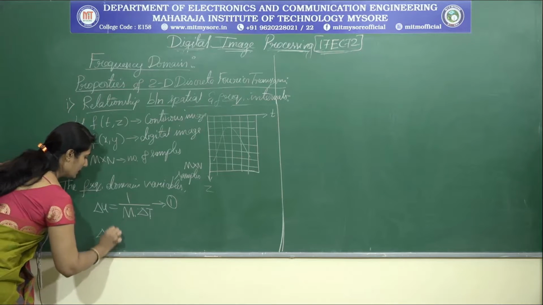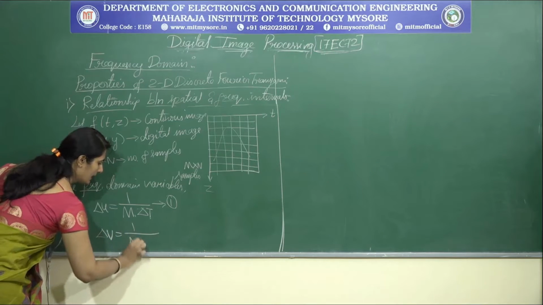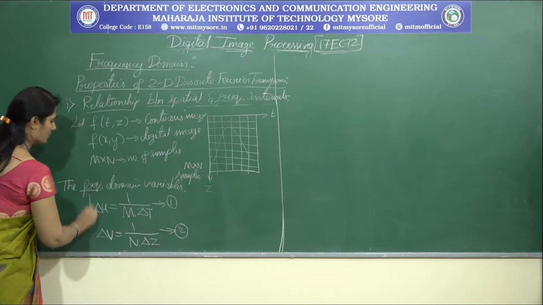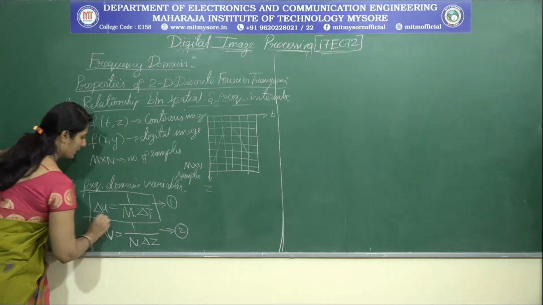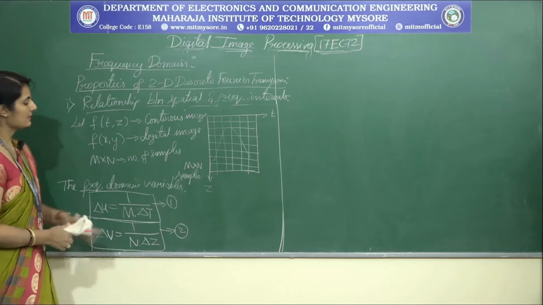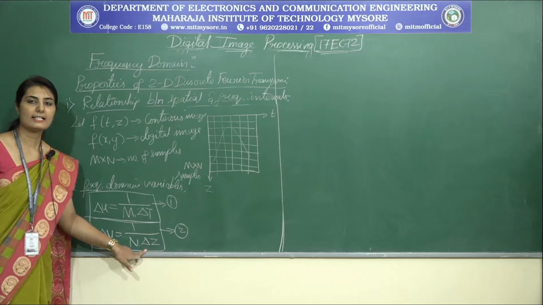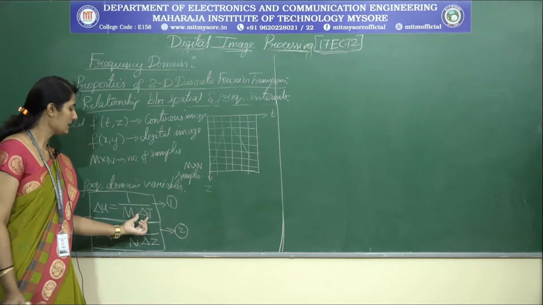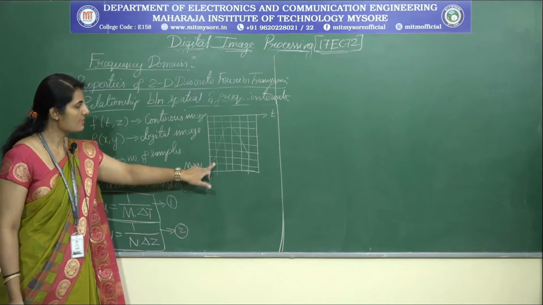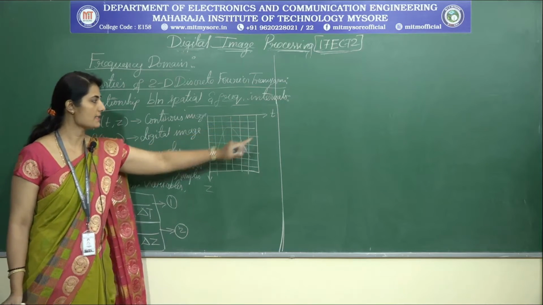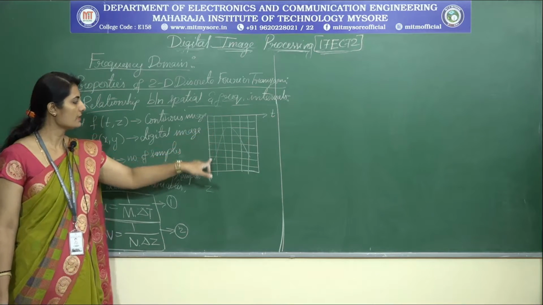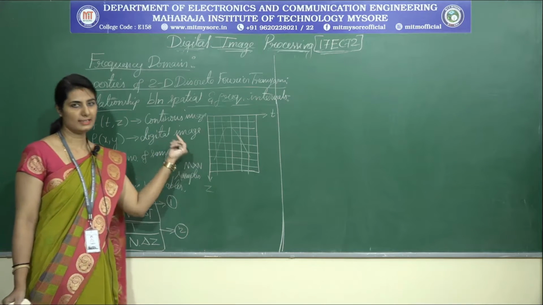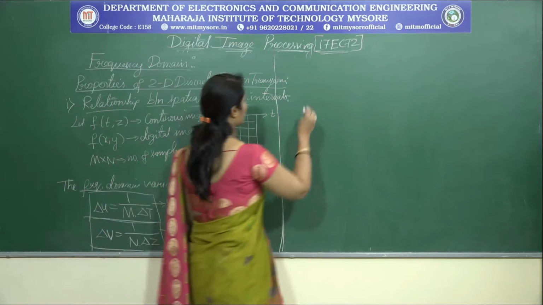And delta v is equal to 1 by n into delta z. This I call equation number 2. Here delta t and delta z represent the separation between the samples in t direction and the separation between the samples in z direction. This is the relation between the spatial and frequency intervals.